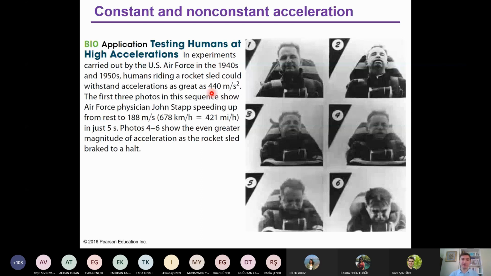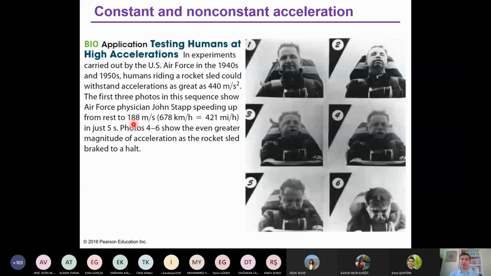So the first three photos here show Air Force physician John Stepp speeding up from rest. Now velocity is 0. And in that picture, after 5 seconds, the velocity is 188 meters per second.